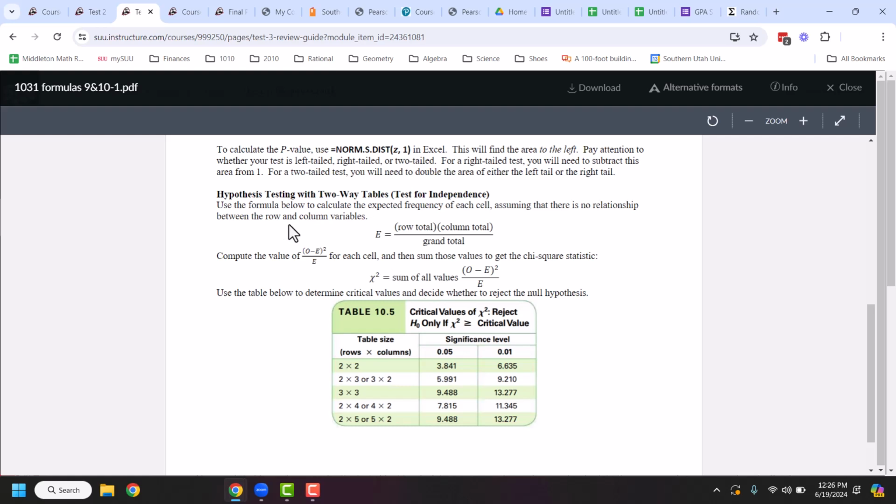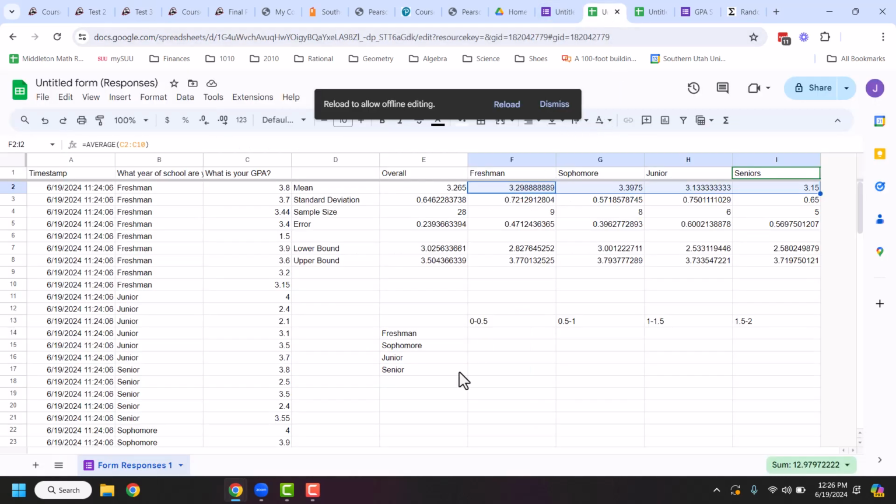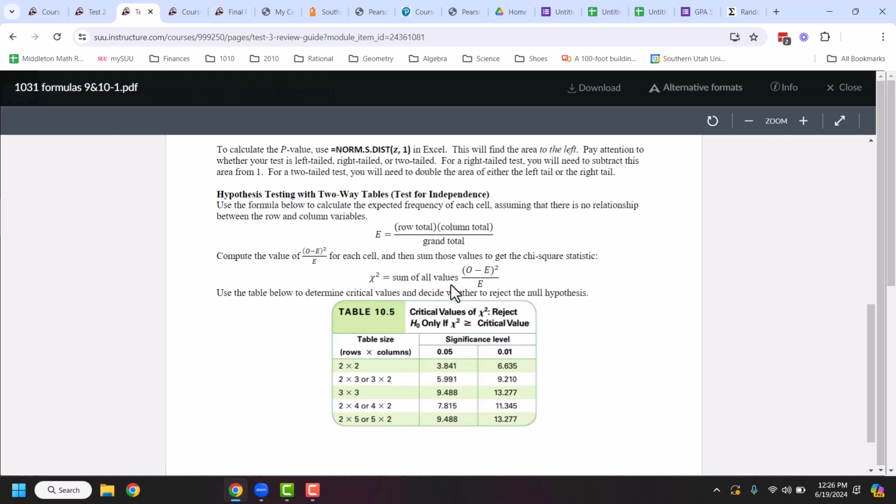But I wanted to go through an example of what this would look like because for a lot of you, this two-way table may be the best way to answer your question because you have whatever categories you're trying to compare. When you're looking at the hypothesis test for two-way tables, your null hypothesis is that there's no relationship between those two variables, and the alternative hypothesis is that there is some relationship.